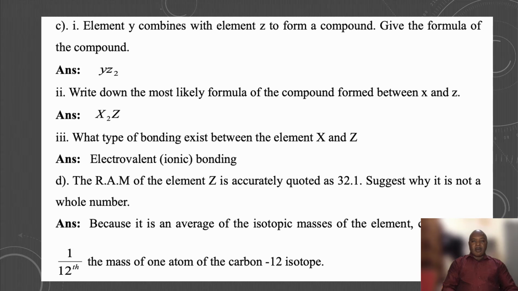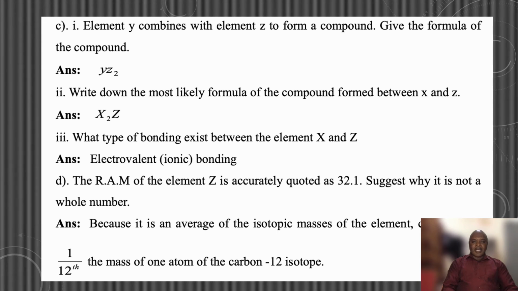Now, group 4 has a +4 oxidation state. Then group 6, which is element Z, has a -2 oxidation state. So there's a +4 and a -2. When these two combine, let's say Y has +4 and Z has -2.